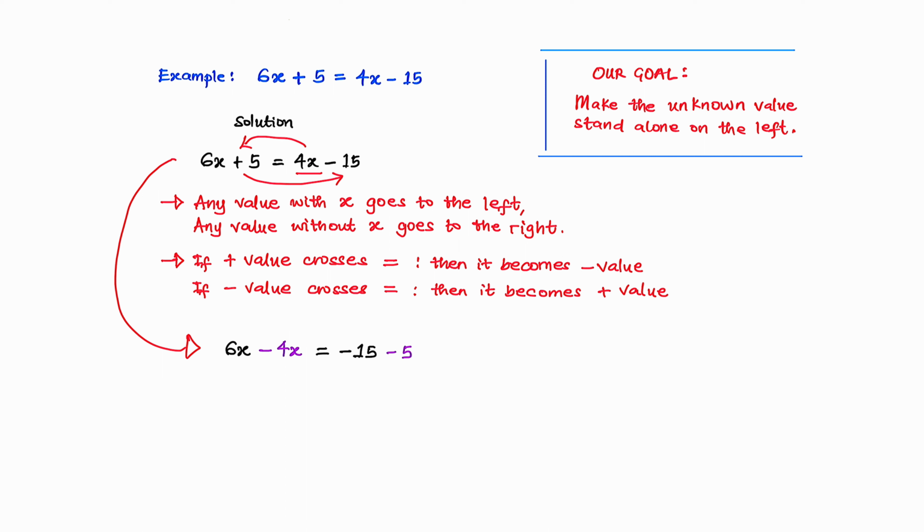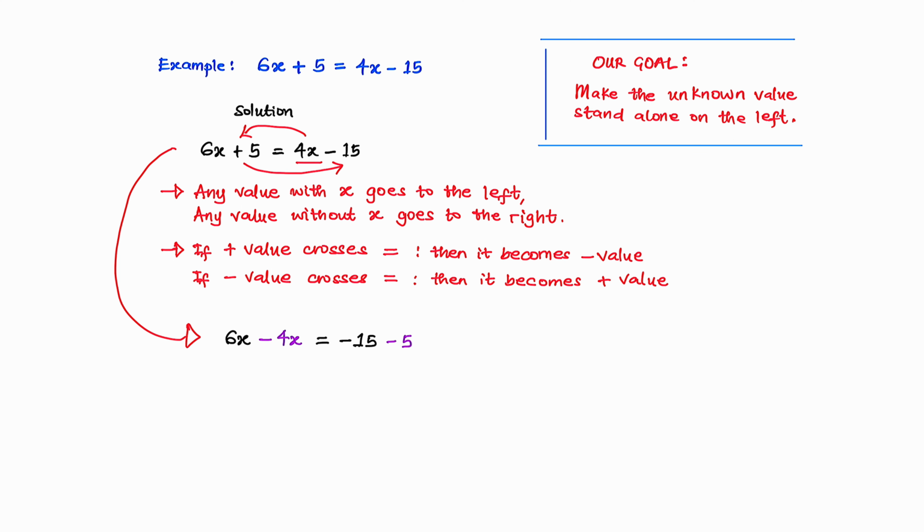So again, what we did was any value with x goes to the left, any value without x goes to the right. And if a value is crossing over the equal to symbol, the sign must change. If the sign was positive previously, it becomes negative, and if the sign was negative previously, it becomes positive. So that is what we applied.